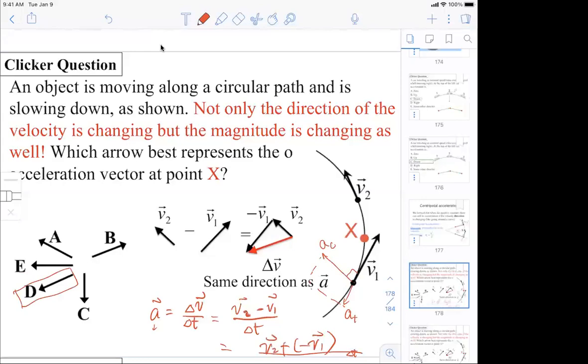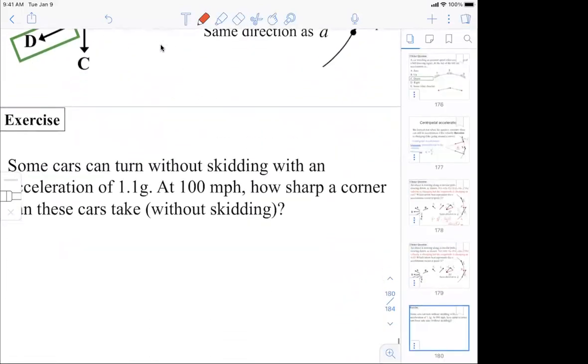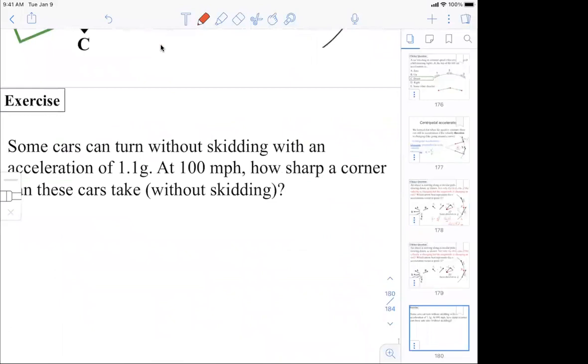Okay, very good. Now let's look at an example. It's really just an exercise, okay? A lot of times, remember when we were driving, if you go too fast around a circle, you find yourself kind of skidding away, right? How come?